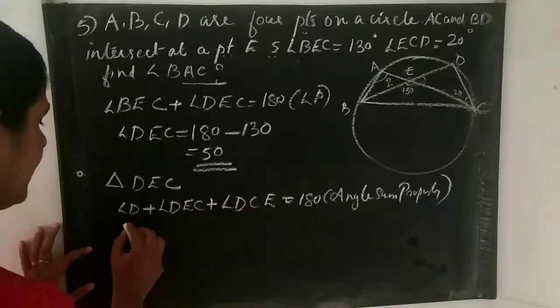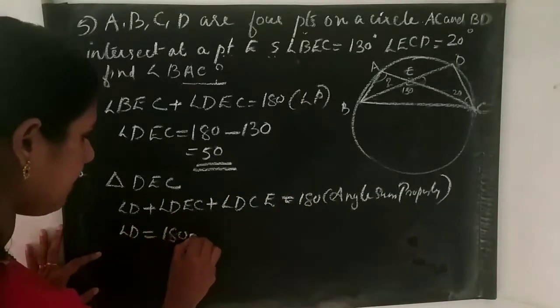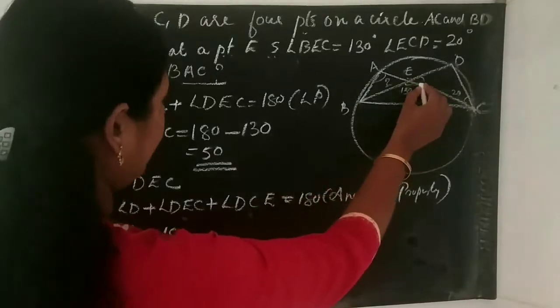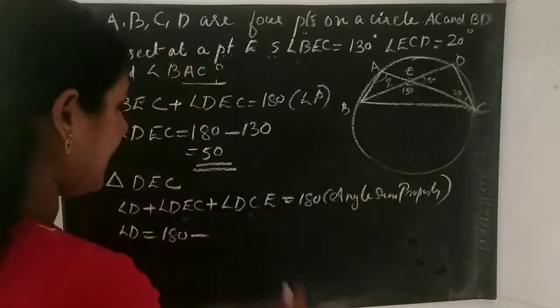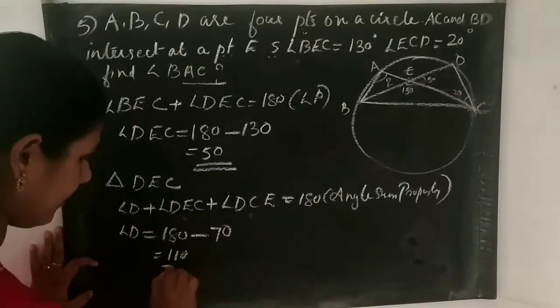Then from this we can find angle D. Angle D equals 180 minus (angle DEC plus angle DCE). Now here we get 50 and this is 20. 50 plus 20 is 70. So we get 110.